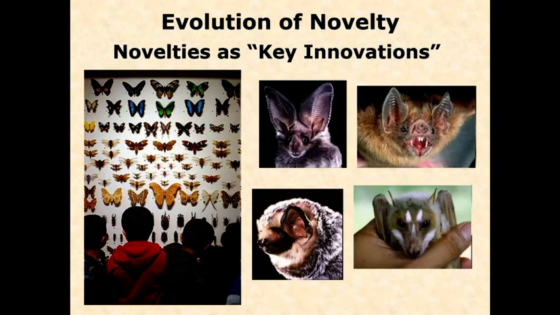Now, another key innovation that has occurred 4 times, and we're going to talk about in our next 2 lectures, kind of tangentially in our next lecture and then directly in the lecture after that, is flight. Right? Wings have evolved 4 times, and so wings were a key innovation for insects when they evolved. They were the first organisms to evolve flight.